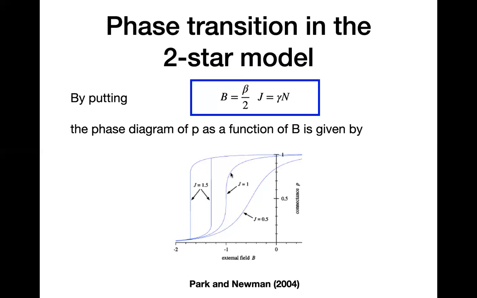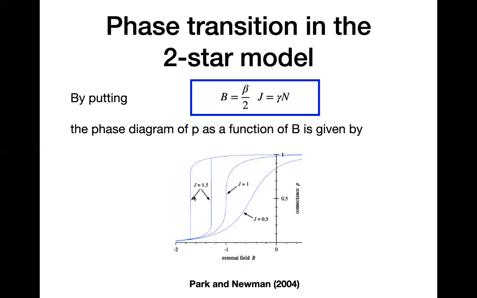But then if you increase J over a given threshold, you find two curves, meaning that for very low negative values of B, you have a low density network, and if you raise B, you have a very high density network.